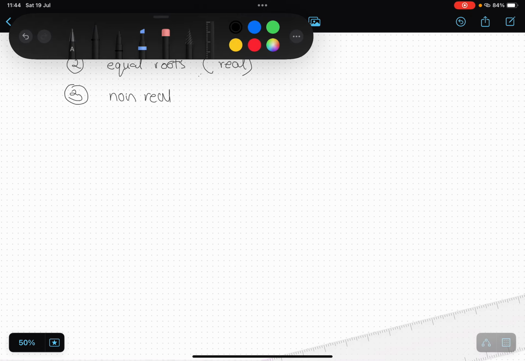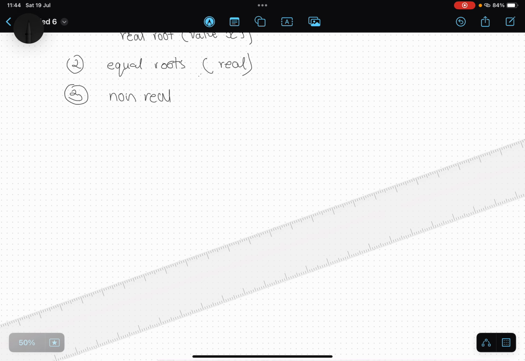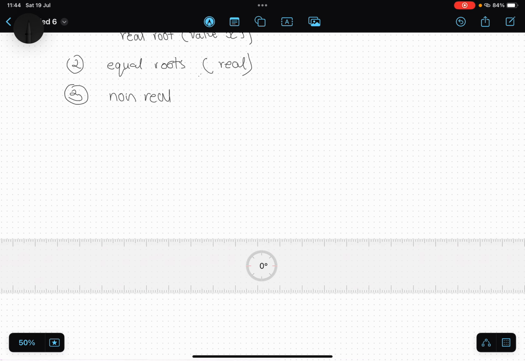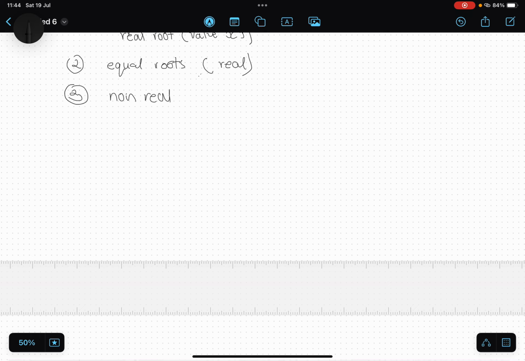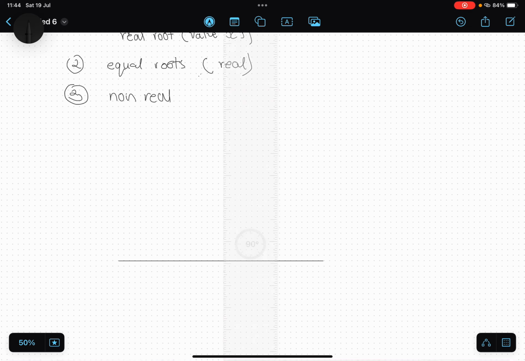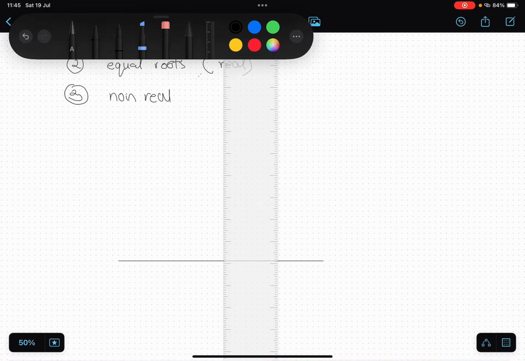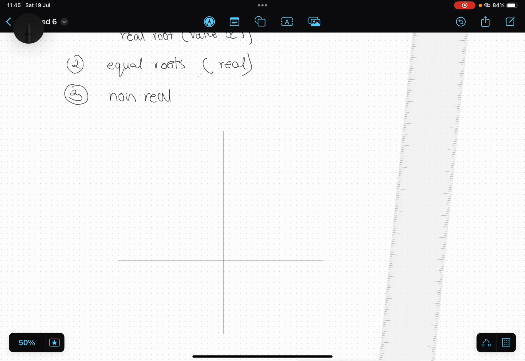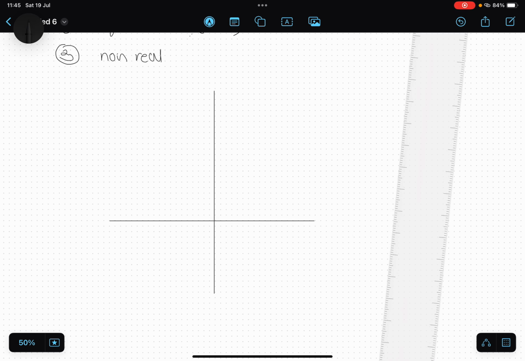Let's start with a simple one, the one we had: y equals x squared plus 3.